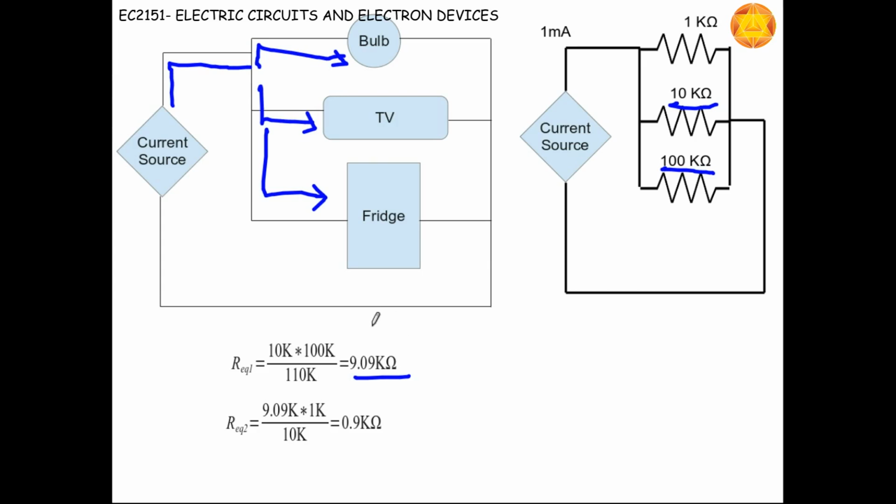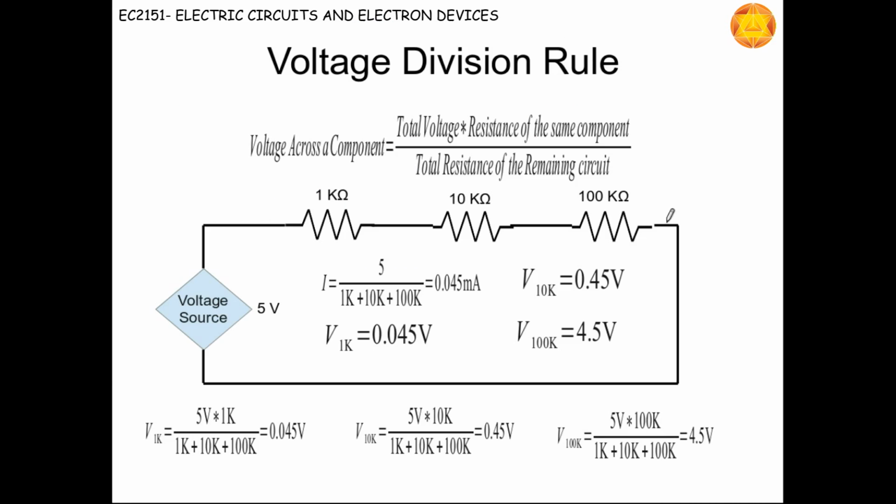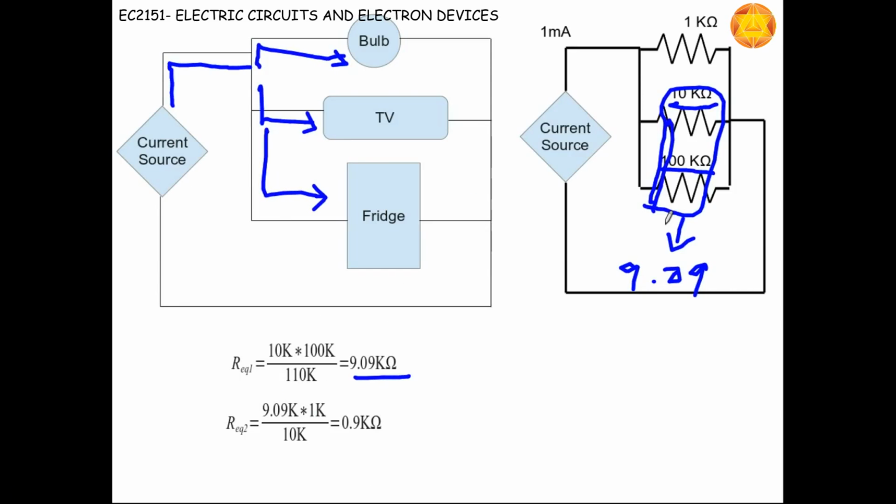Right? So again we have one more resistance here, which is 1 kilo ohm. So now these two resistances have an equivalent of 9.09 kilo ohms, right?